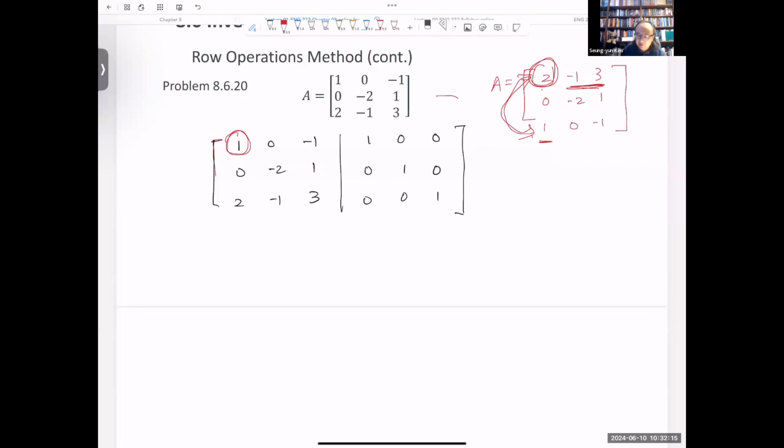Why? This is the system of equations. Basically, this is from x minus z equals c1, and then negative 2y plus z equals c2, and 2x minus y plus 3z equals c3.